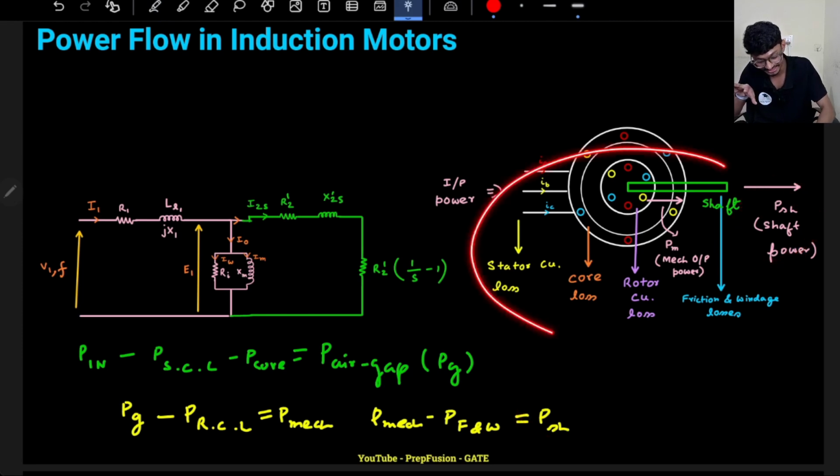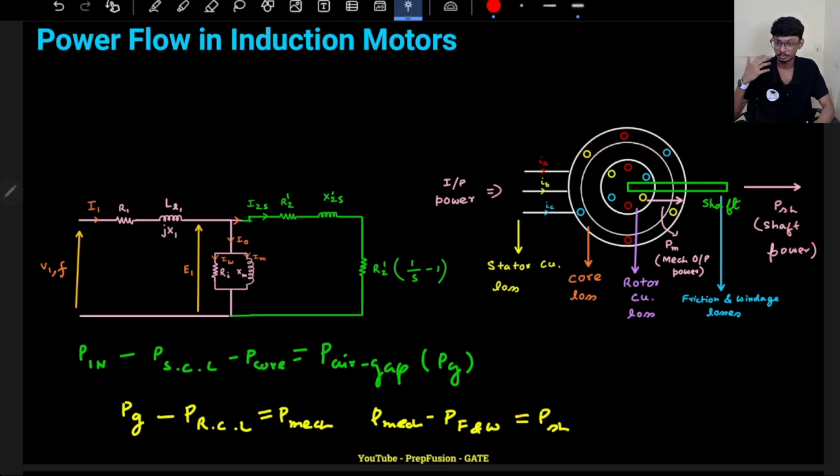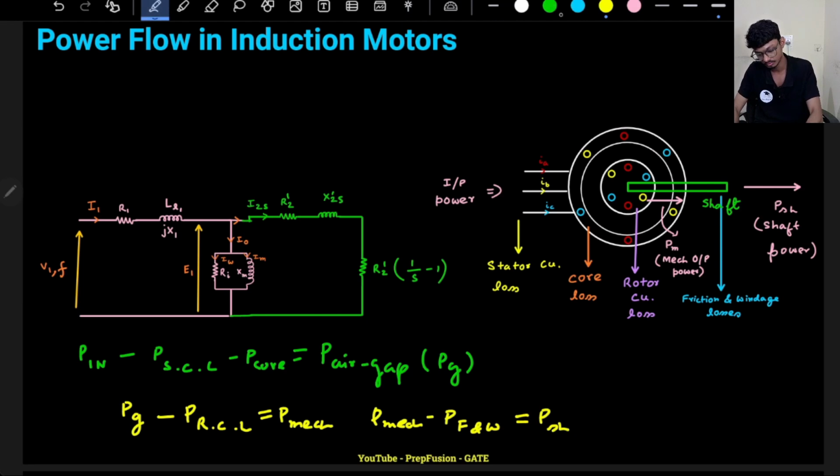So there are so many losses inside it. So many things are happening inside an induction machine, what an incredible machine it is, right? This is the actual power that you receive at the output. Generally we don't measure the efficiency, but efficiency will be P out upon P in.